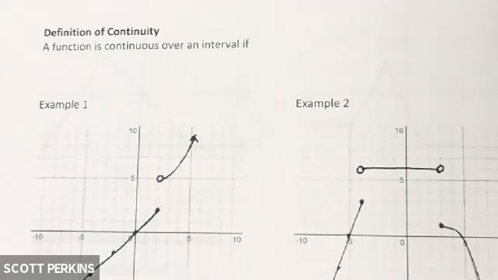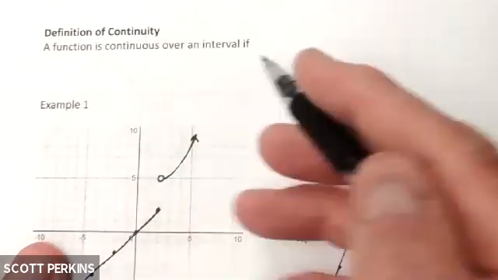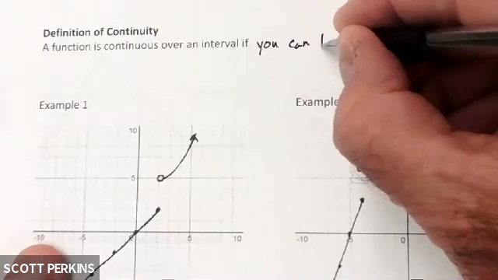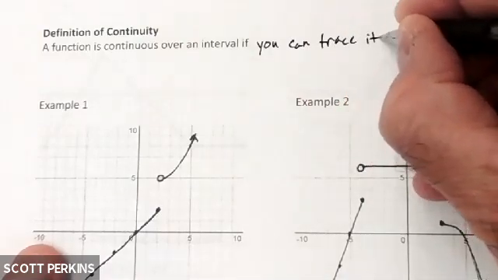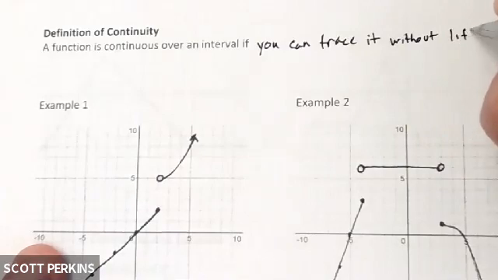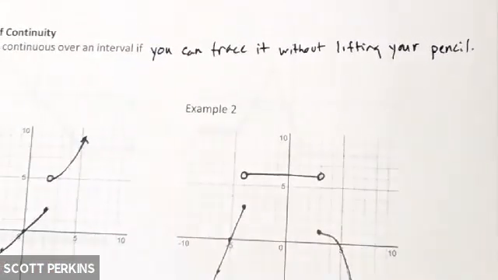So I'm just going to tell you how you can observe a graph and tell if it's continuous. A function is continuous over an interval if you can trace it without lifting your pencil or finger or crayon or whatever you're writing with.